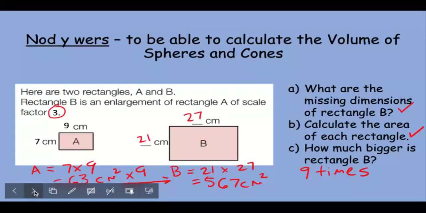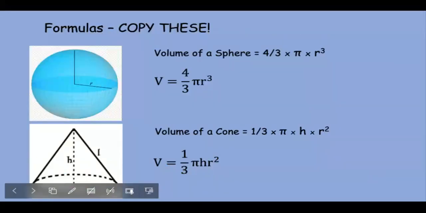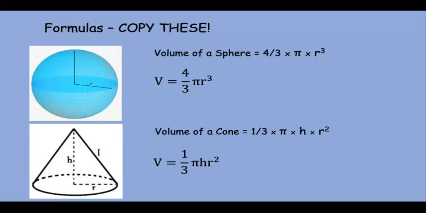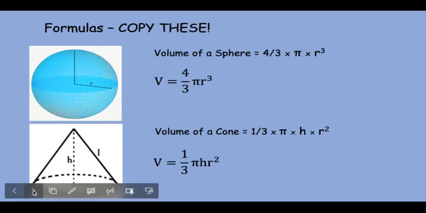Okay, so let's look at our formula for a sphere and our formula for a cone. So you need to make sure you write those down. So let's have a look at our examples.